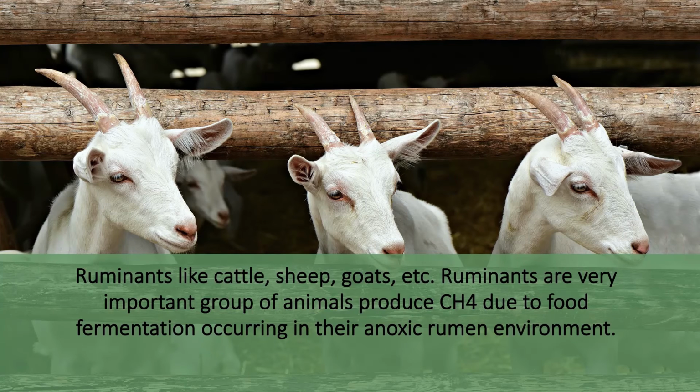At the same time, they are also responsible for releasing methane into the atmosphere, and that is how we need to manage through a lot of strategies, mitigation through feed rationing, or bringing in a lot of protein rich feed. Definitely we can reduce the methane emission from the ruminants. It's again a very important topic as far as the ruminants or enteric fermentation is concerned.